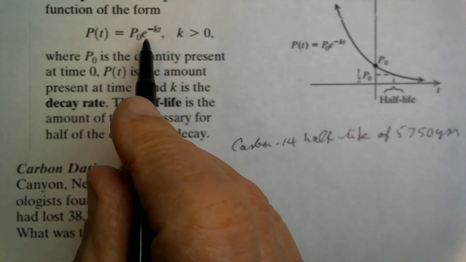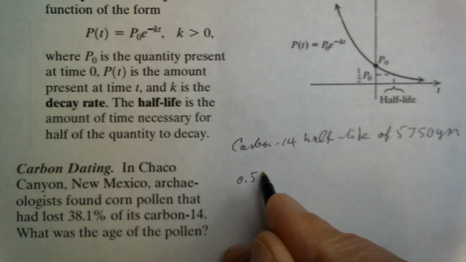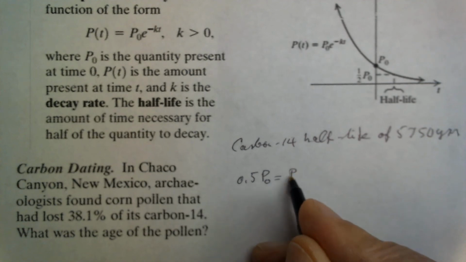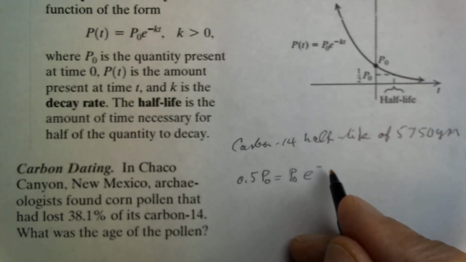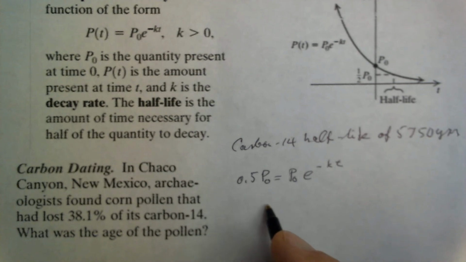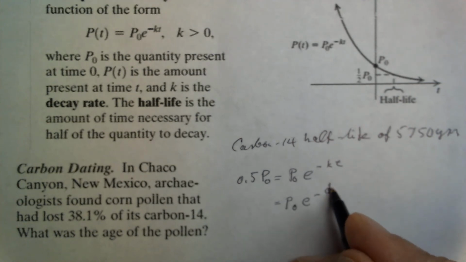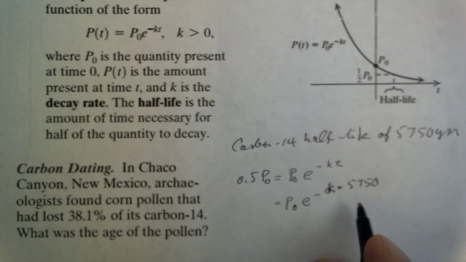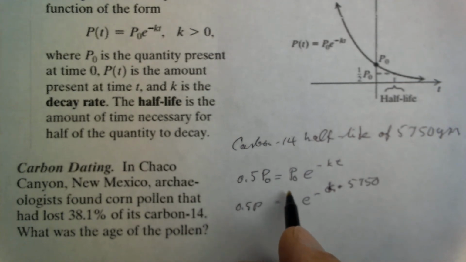So this will allow us to compute k in this formula, because 0.5 of the original mass equals P sub 0 e to the minus k t. So this indicates half-life, half the original mass.